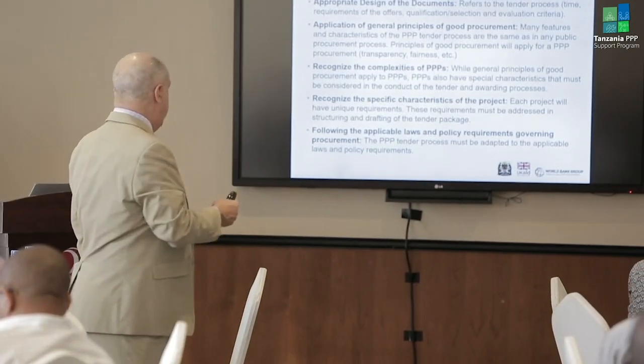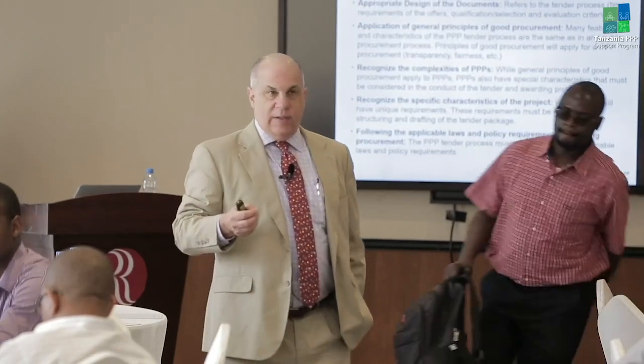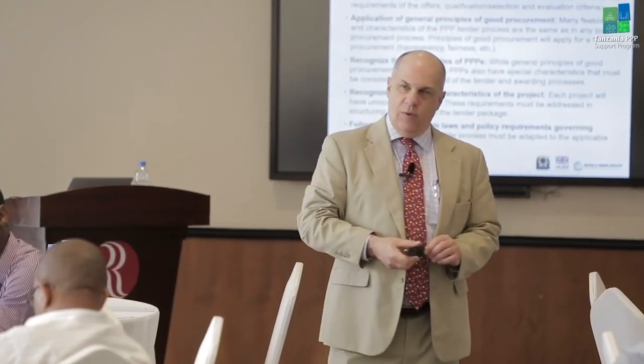We talked about some of the principles. Need to recognize that PPP procurement is a little more complex than standard issue procurement for publicly financed projects. Why is that? Why do you think it's more complex?